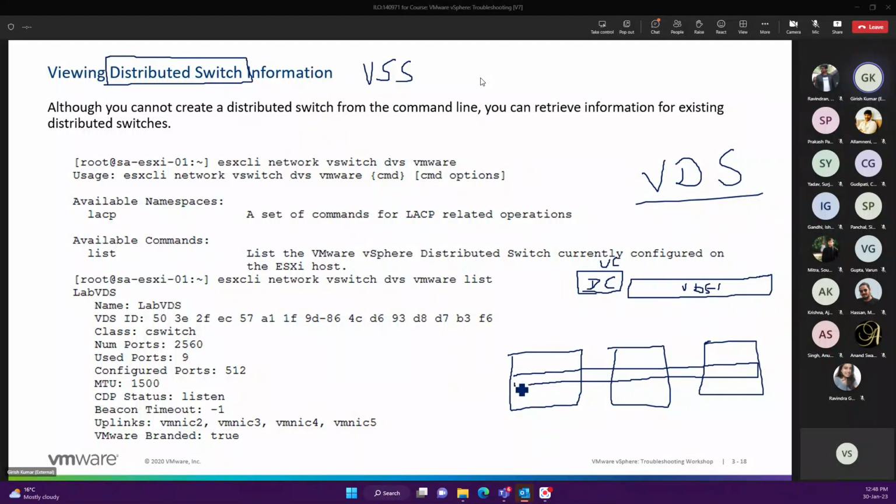So the first direct advantage is that we have centralized management for this network. One time you create it, it appears on all the ESXi hosts. On every ESXi host we have a physical LAN card, and from that we connect to our physical network. And one time you create a port group, it will appear on all the ESXi hosts.